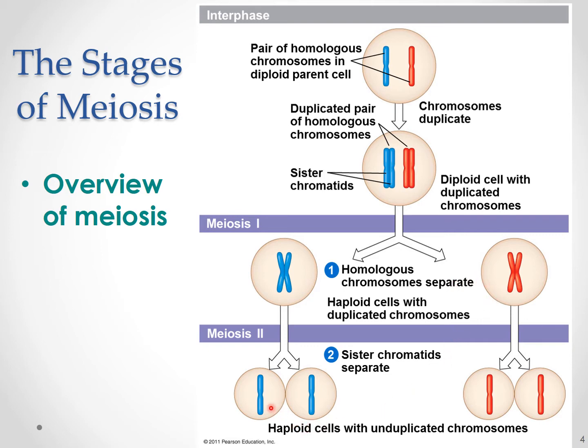So ultimately, each of these four cells are going to be genetically distinct, even though these two cells look like they're genetically similar, and these two cells look like they're genetically similar. They're not, or they should not be. Okay, so all four of these are going to be genetically distinct, and they're all going to be haploid.